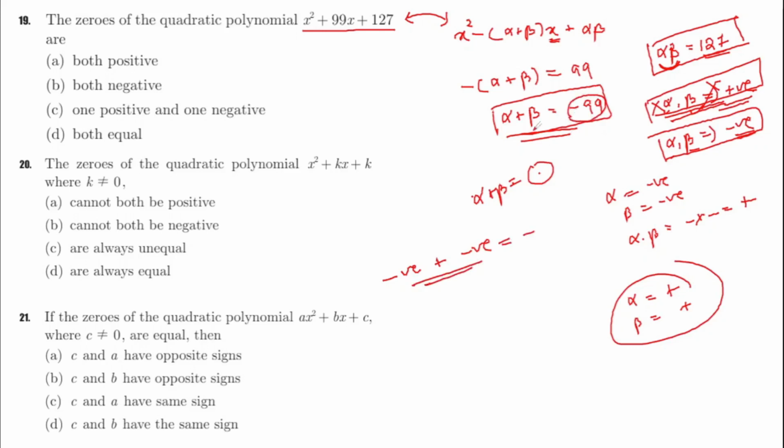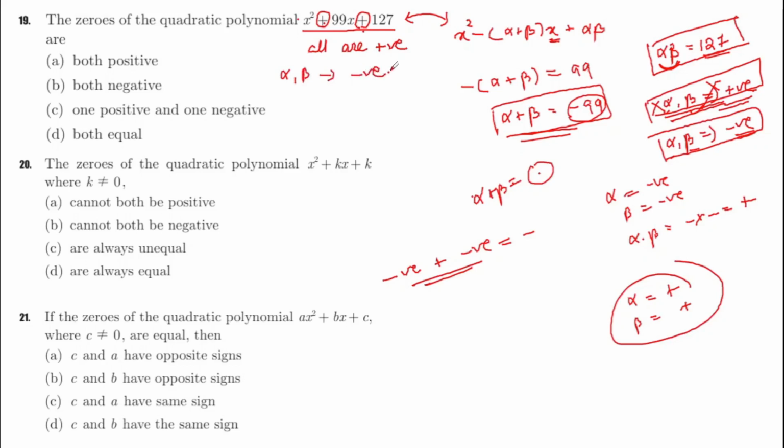That means what we can say from this question is that if we have all the quantities A, B, C all positive, that means alpha and beta both are negative.